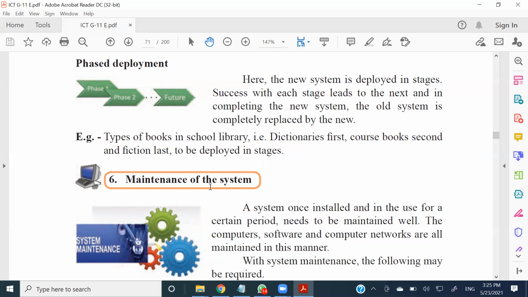Once the organization experiences the purchasing phase, then the sales phase or another phase will be applied to the entire organization, right? So likewise, step by step, with time, the new system will be applied into the organization. That is what we call phased deployment. So it happens step by step.